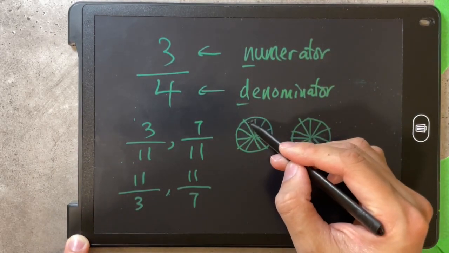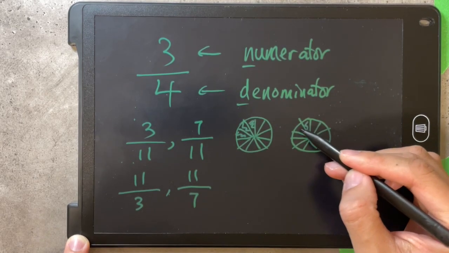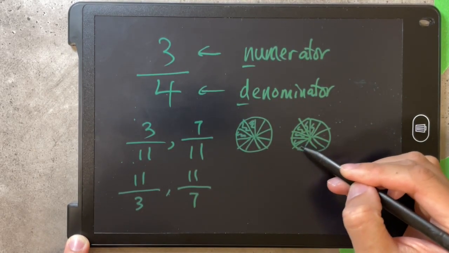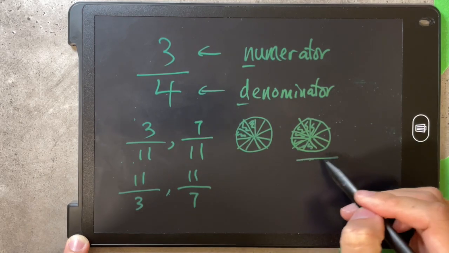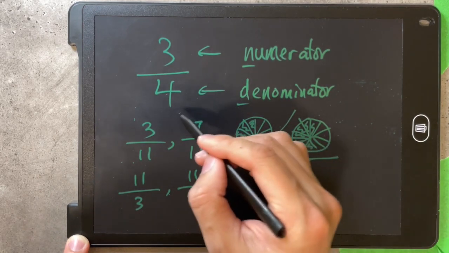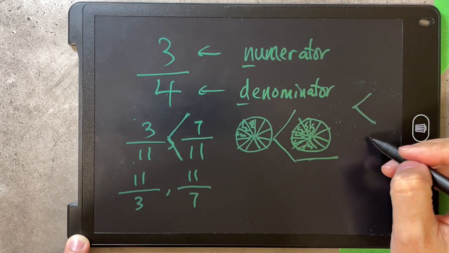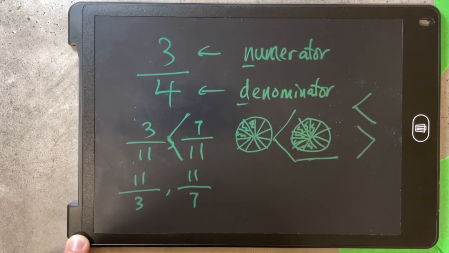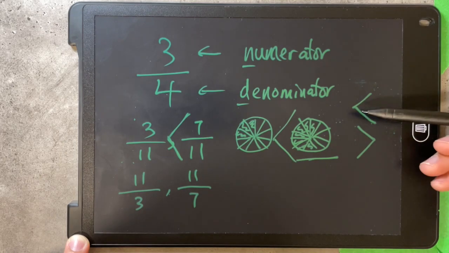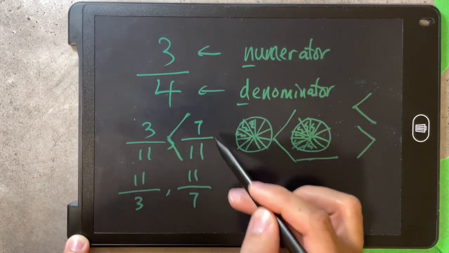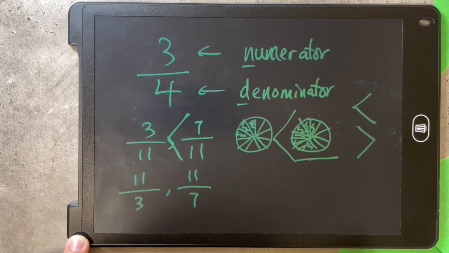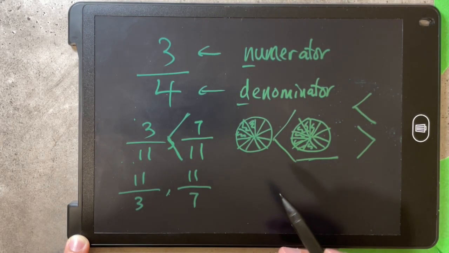So I want 3 of them, and I want 7 of them. So clearly the one with 7 is the greater one. And this little sign here tells you which one is bigger by the arrow. So the 7 over 11 is bigger because you have more pieces of that same size.